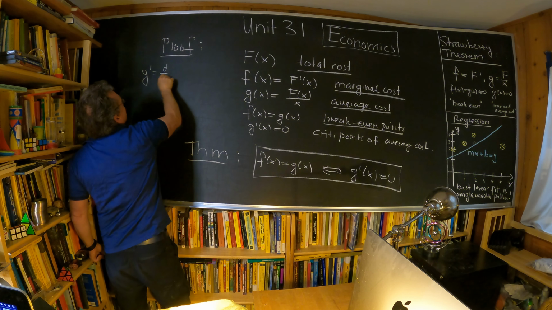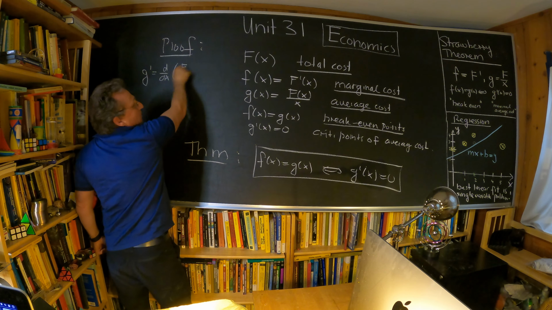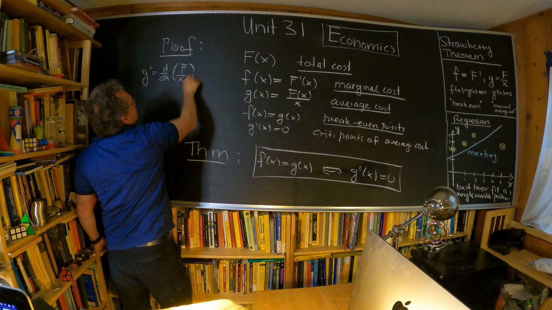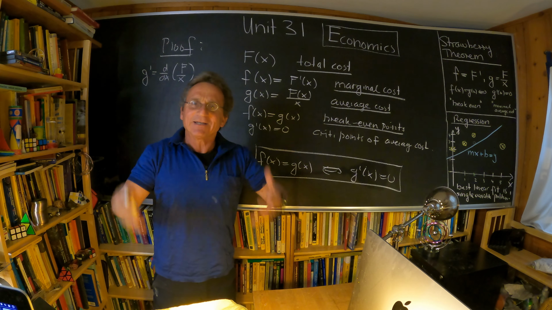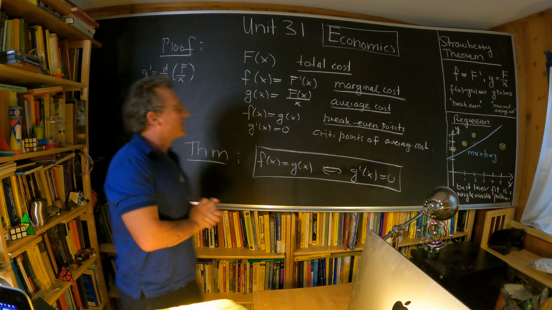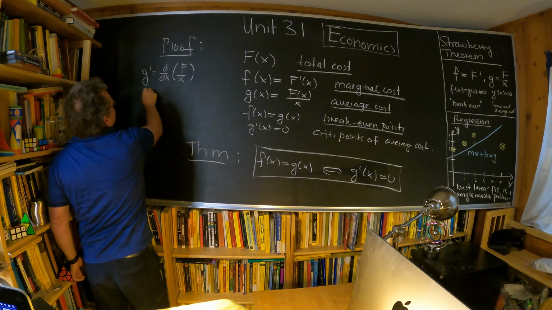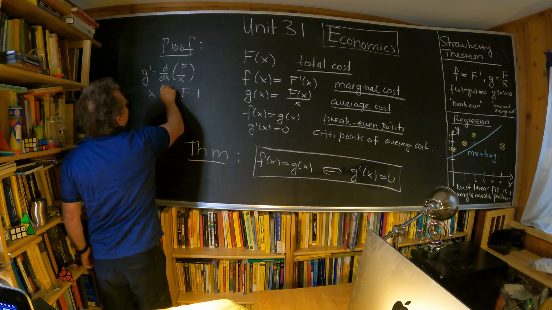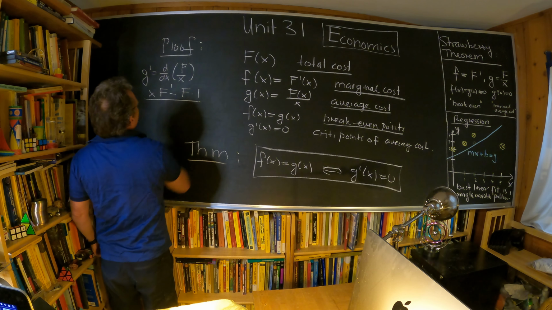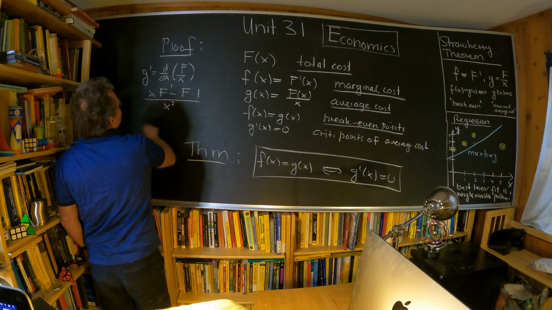So this is d over dx of f over x. And you remember the song? Low d high, take high d low, cross the line and square the low.